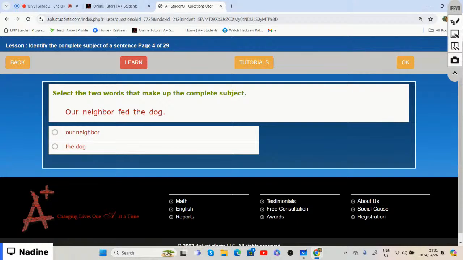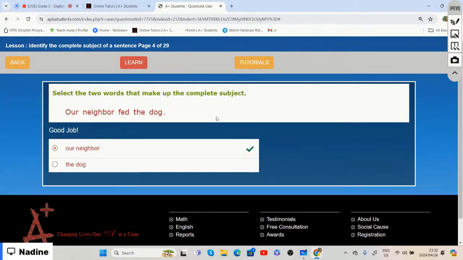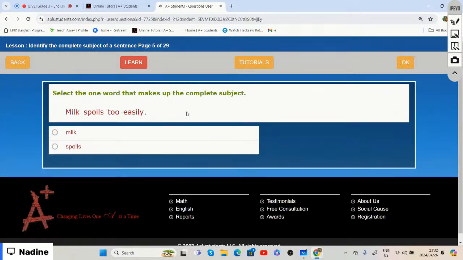All right. And if we were to choose the correct one, then it would be our neighbor. So our neighbor fed the dog. So who fed the dog? Our neighbor fed the dog.